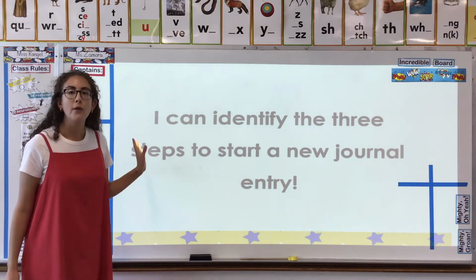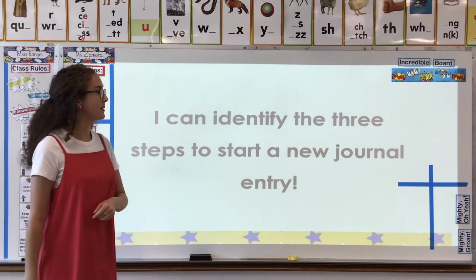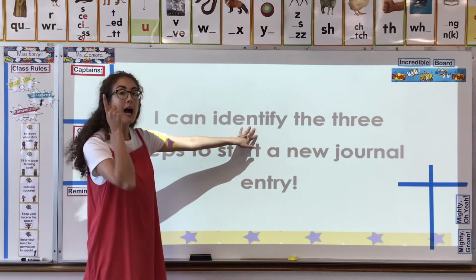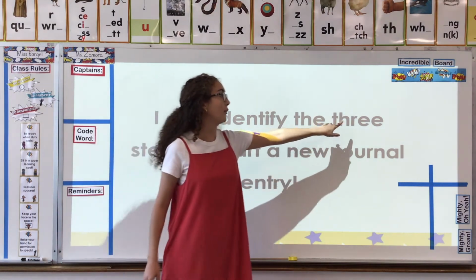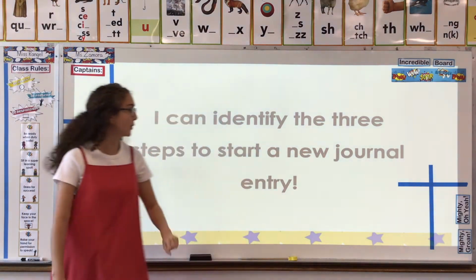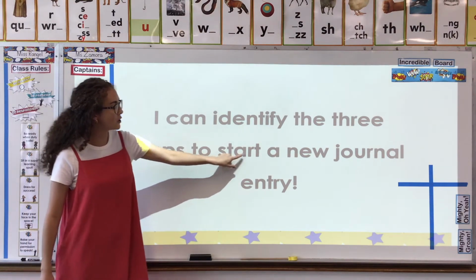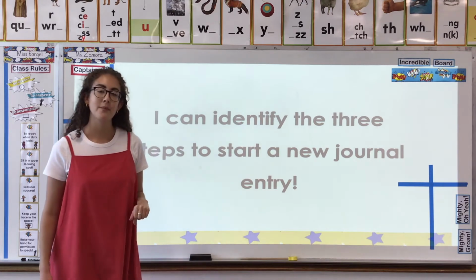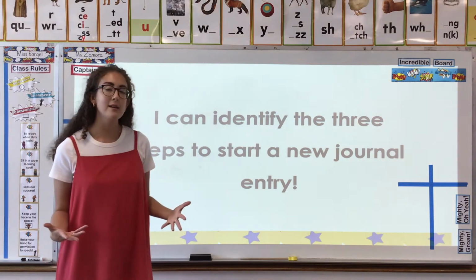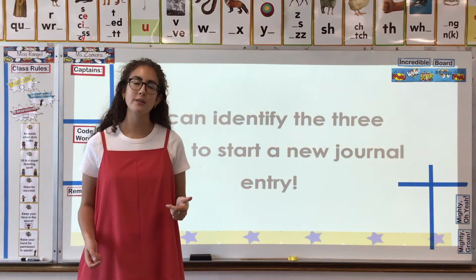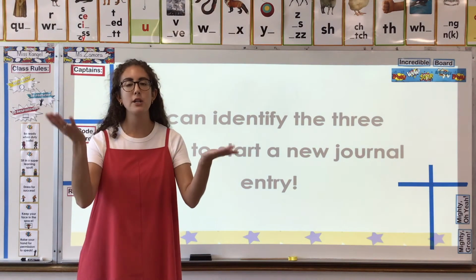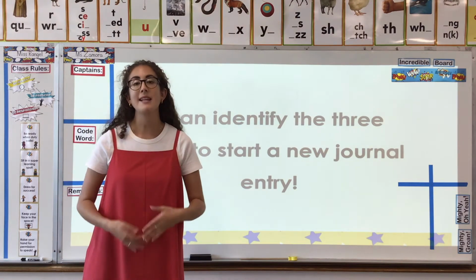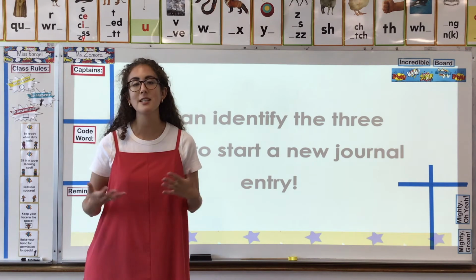Our goal for today's writing lesson is I can identify we're working with 3 steps to start a new journal entry. So each day, once we learn how to use our journals, I'm going to give you a journal prompt. That's a question that I'm going to ask you to think about.